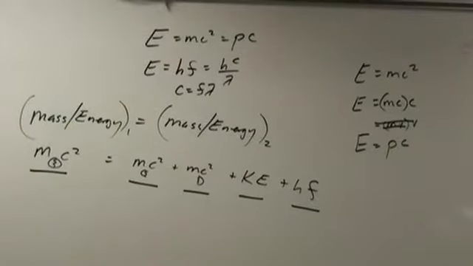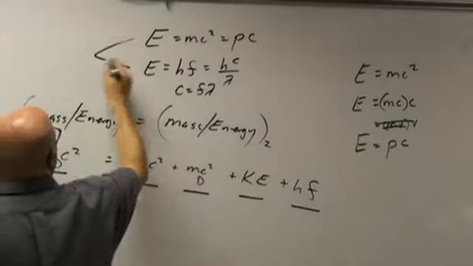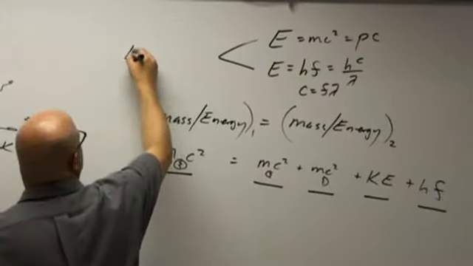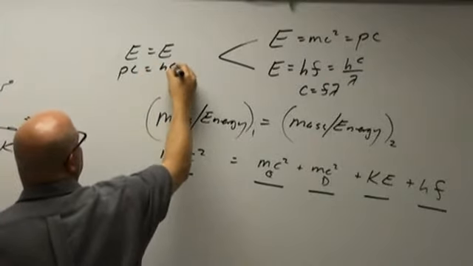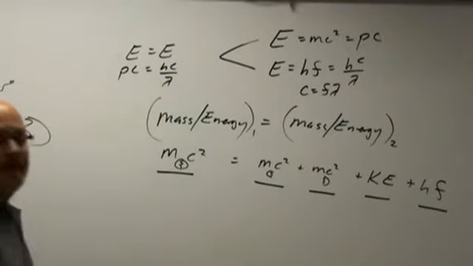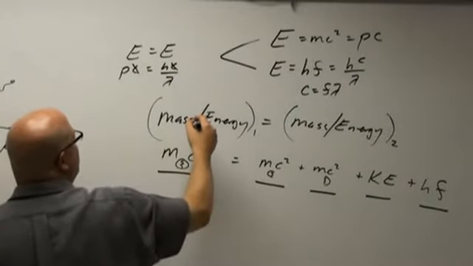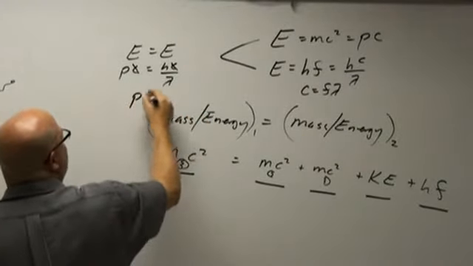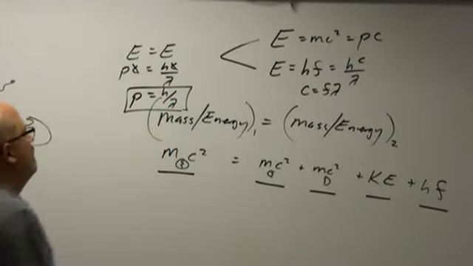This means all energy is light. So pc equals hc over lambda, the c disappears, and I'm left with momentum equals h over lambda.